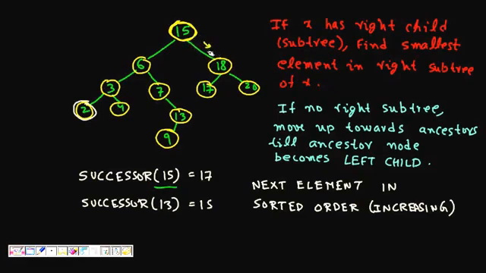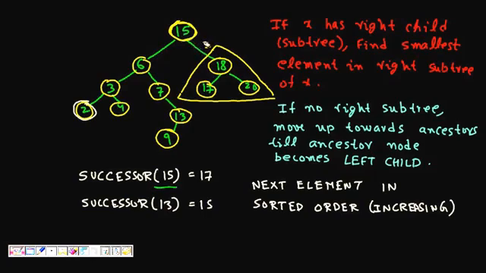Here, successor means just the value which is just higher than 15. So what should we do? We must find in this right subtree whichever is the minimum value, and that will be the successor of 15. Why?